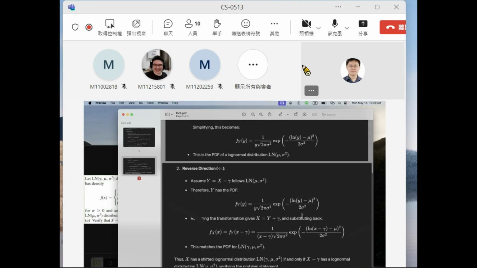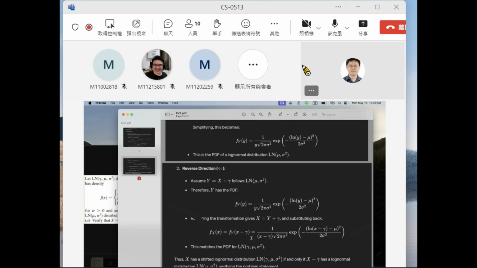Reverse direction. Yeah. So we use the second solution, the reverse direction, to assume this function and verify whether it is correct or not. We use y equal to x minus gamma. We follow this function, and we have this PDF of y. So we keep x equal to y plus gamma, and we substitute into the function like this.